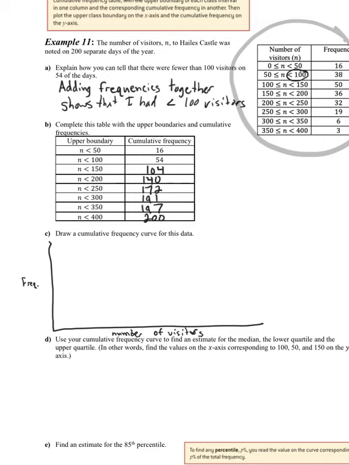But notice that our cumulative frequency goes all the way up to 200 people. So we kind of want to make that our max. And then we'll start at 0 there. And maybe we count by 20s. 20, 40, 60, a nice easy number to count by. 80, 100.